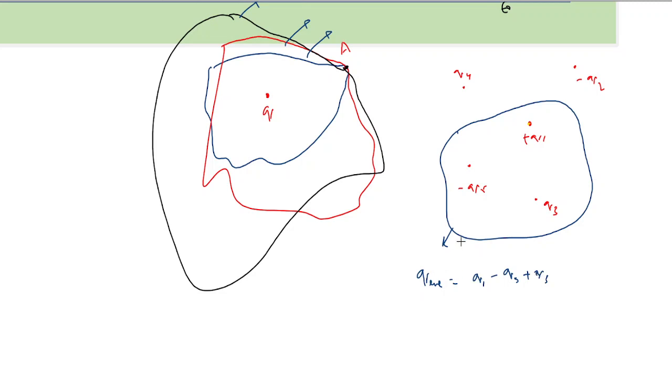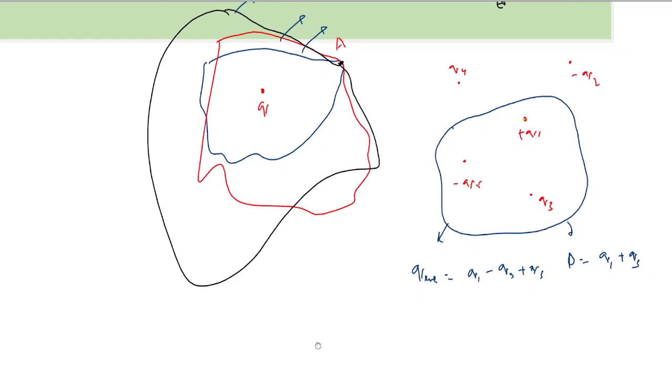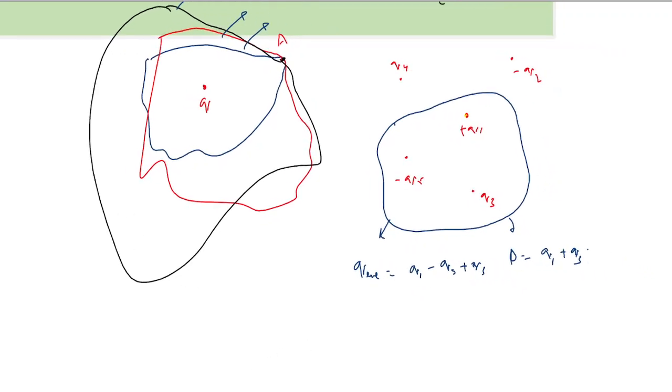So the flux through the surface would be just these charges, that is Q1 plus Q3 minus Q5 by epsilon naught. So even though charges Q4 and minus Q2 are present very close to this configuration, Q enclosed means only those charges which are present in the Gaussian surface.